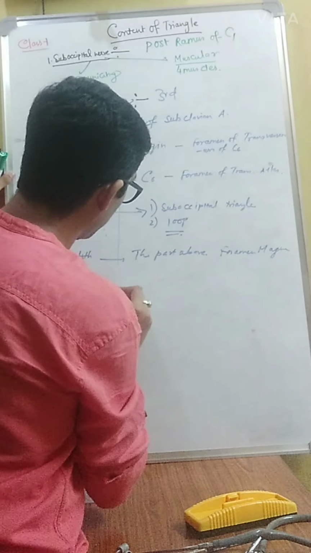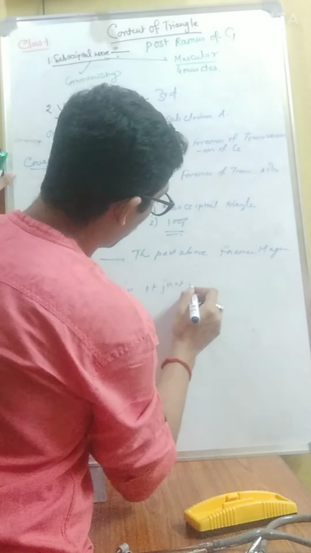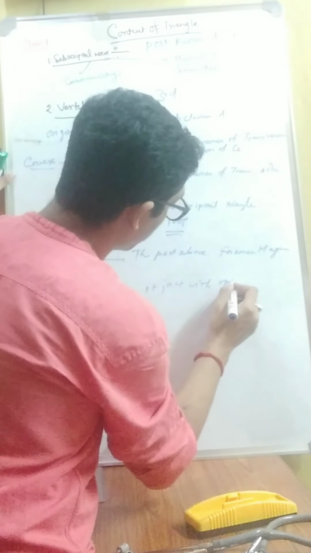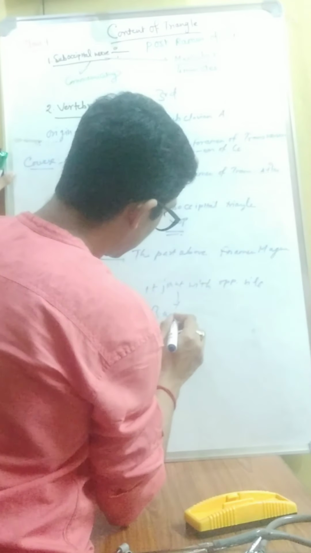What is the ending of this? In the brain, it joins with the opposite side and continues as the basilar artery.